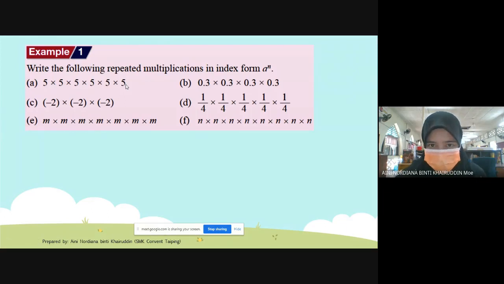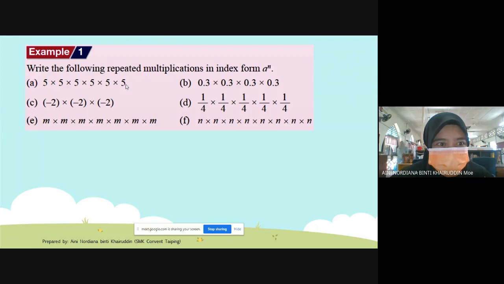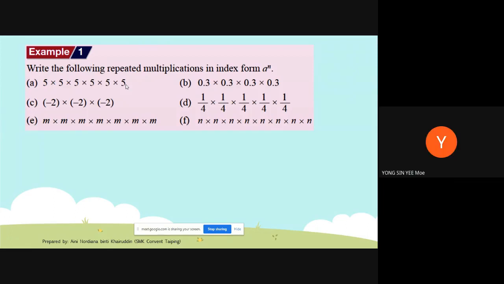Okay, B. What is the answer for B? Anyone? Negative 2 to the power of 3. B. 0.3 to the power of 4.